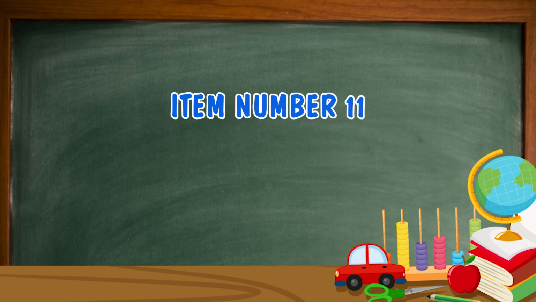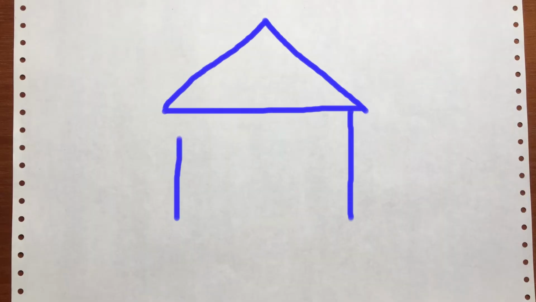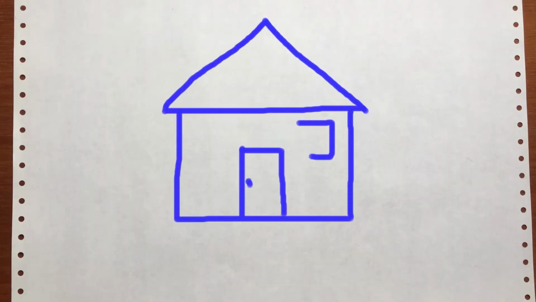Nakaguguhit ng tao na may ulo, mata, katawan, braso, kamay, o daliri. Item number 11 draws a house using geometric forms. Nakaguguhit ng bahay gamit ang iba't ibang hugis.